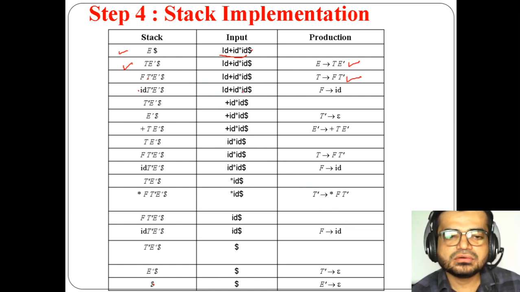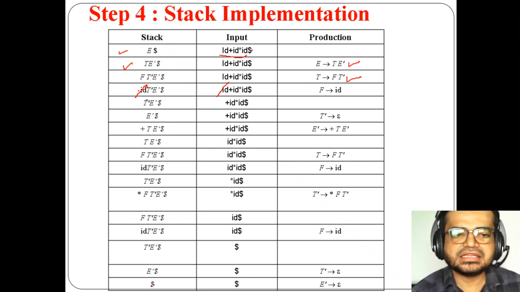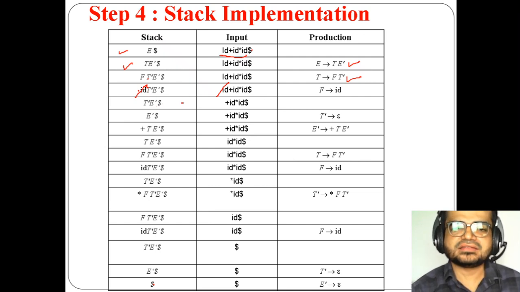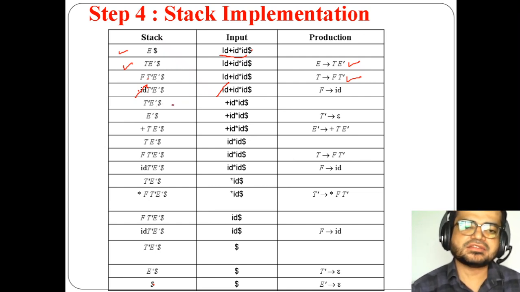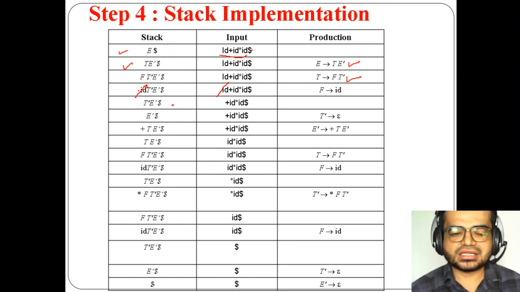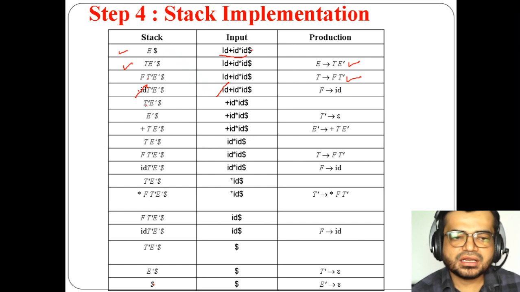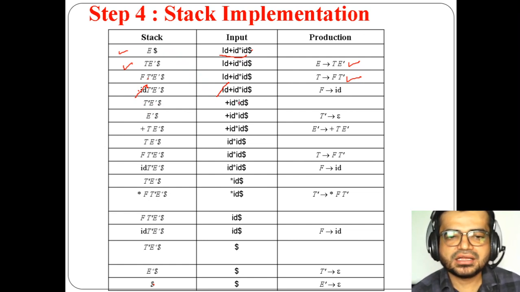Now you need to cancel this ID and this ID. This ID and this ID get cancelled, and what will remain now? T dash E dash dollar. Why? Because this ID and this ID are the same, so you have to cancel them in order to finally get dollar and dollar. So here T dash E dash dollar, plus ID into ID dollar.